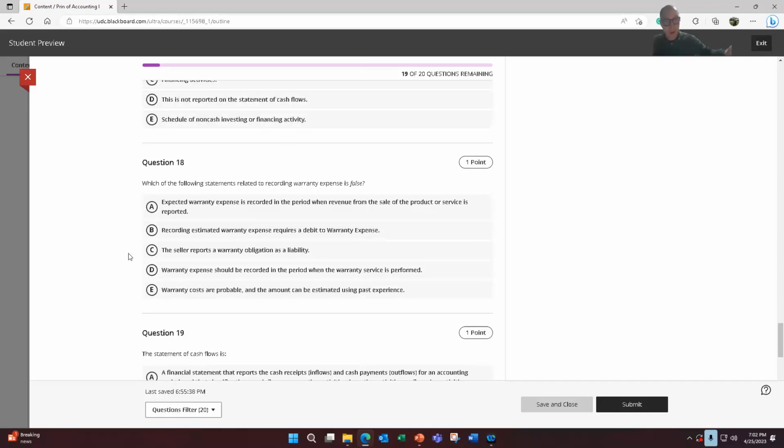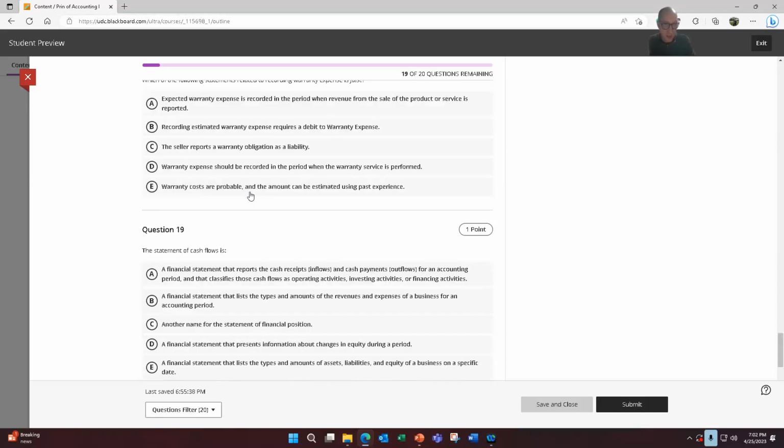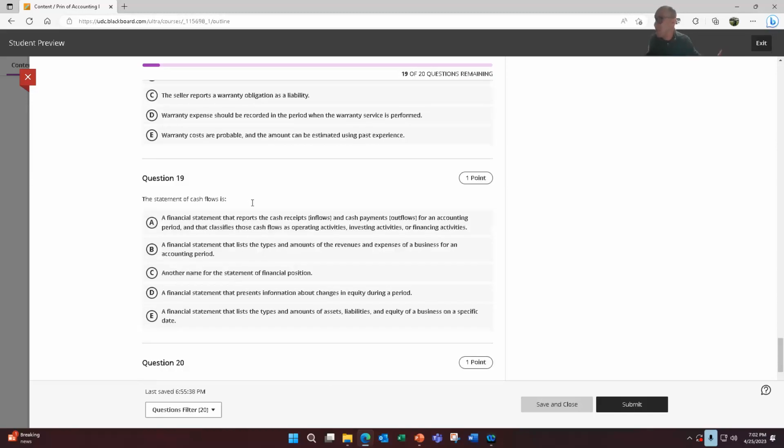Question 18. Which of the following statements is related to recording a warranty expense? I think we talked about that a week or two ago. The statement of cash flows, we just talked about that.